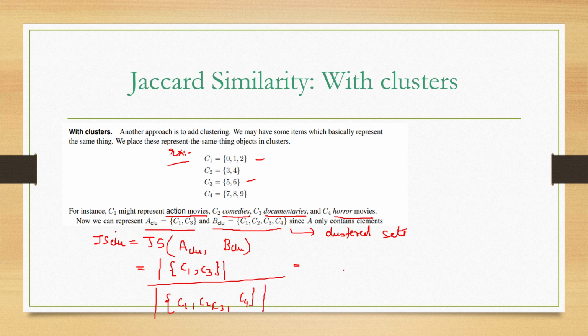How many sets are there? 2. And how many sets are here? It is 4. So we get it as 0.5. So the Jaccard similarity between these clusters A and B is given by 0.5.